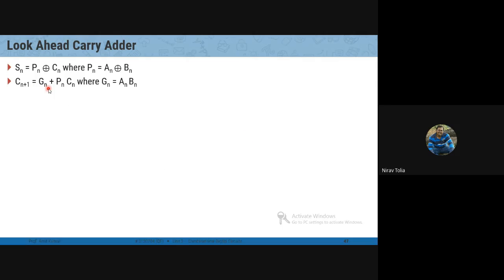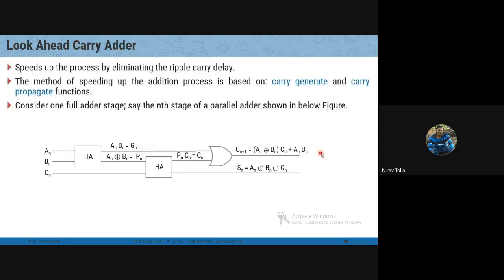And what is Gn here? Gn is nothing but An Bn. Okay, you can see here, this An Bn is my Gn. Let me write it down here so you can easily understand.